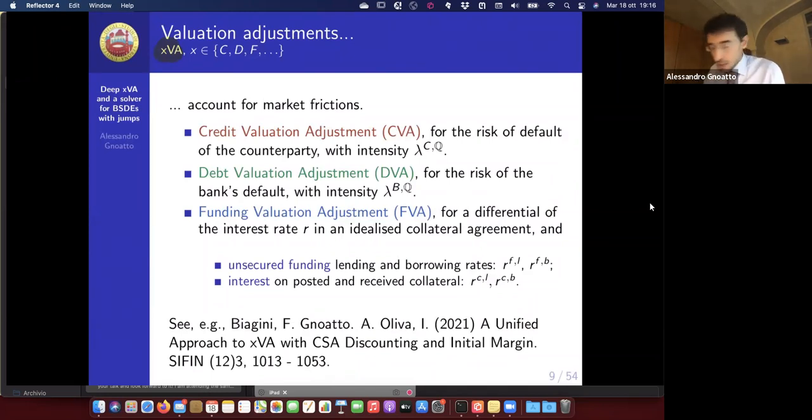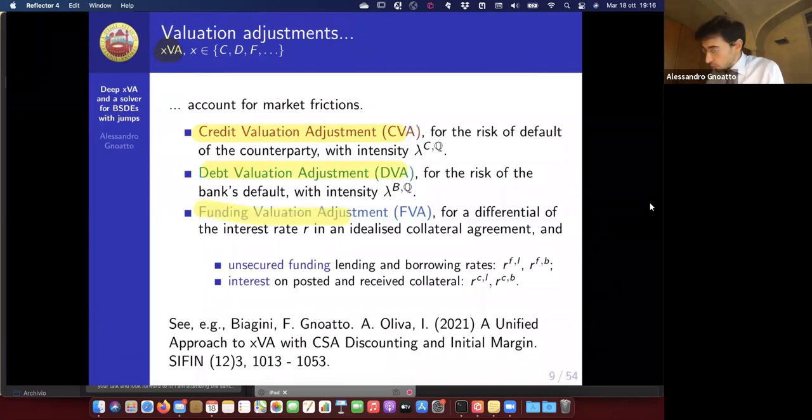So I already mentioned the credit value adjustment. This is the adjustment that you introduce to the price, to the risk-neutral price, in order to take into account the possibility of the default of your counterparty. Then you have the debt value adjustment for the default risk of the bank.